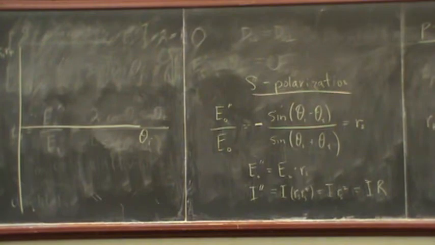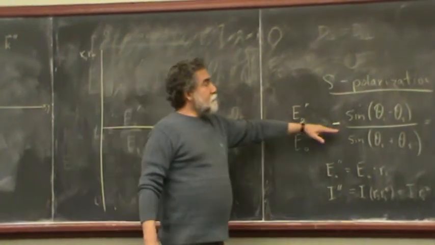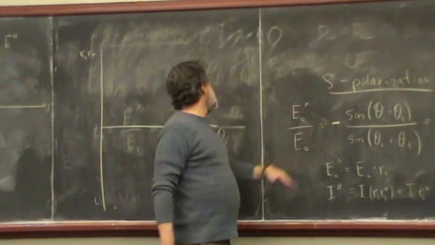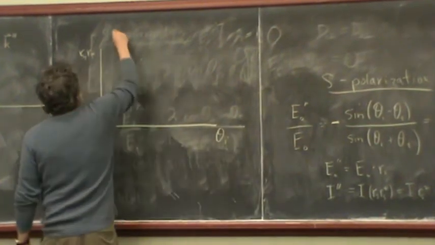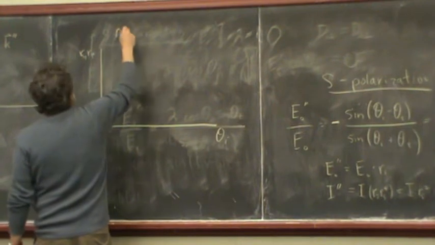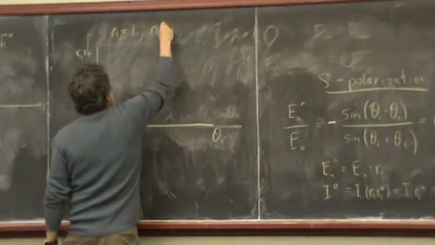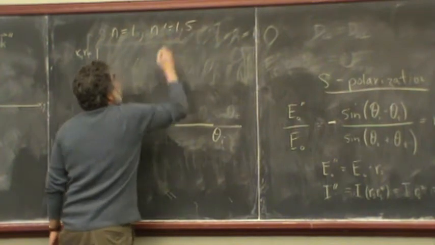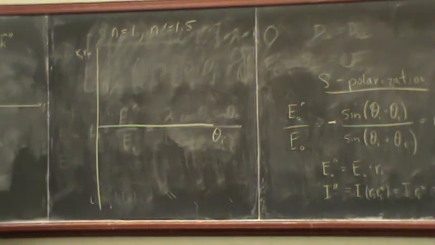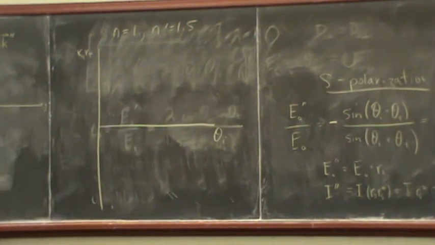So first thing, Fresnel coefficients. When I go and plot this for a given index of refraction, let me choose n equals 1 and n prime equals 1.5, because that's glass, and that's the only one that I can remember off the top of my head.